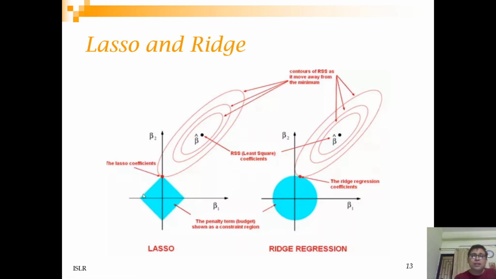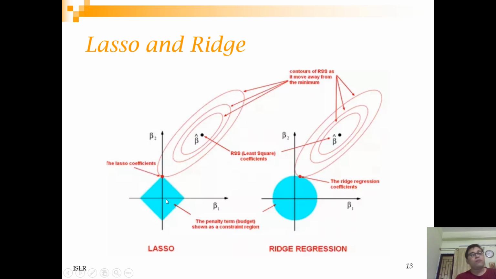And what this blue region indicates: for Ridge regression you are taking a square, right? And you want beta 1 square plus beta 2 square to have some constant value. So you don't want that penalty to be more than that. So that gives a circular shape of your constraint or your budget.